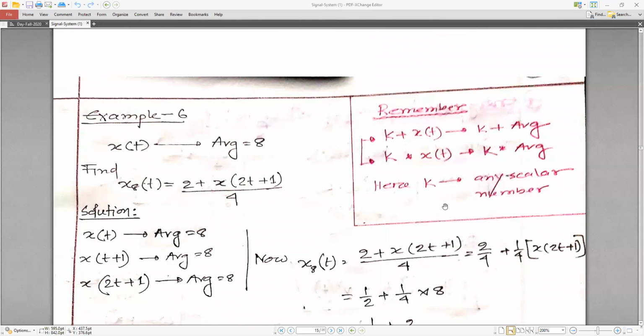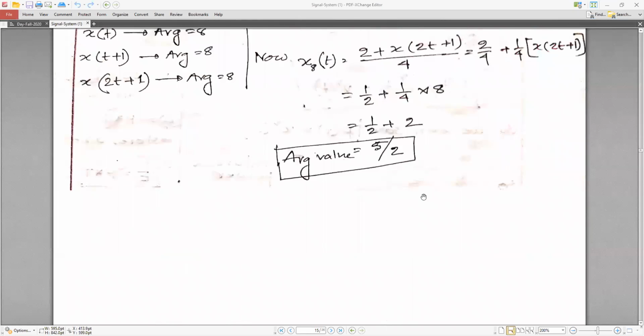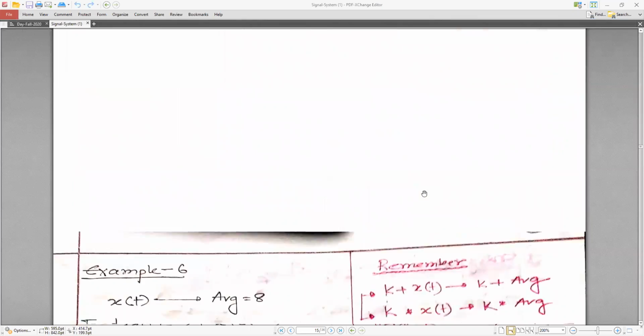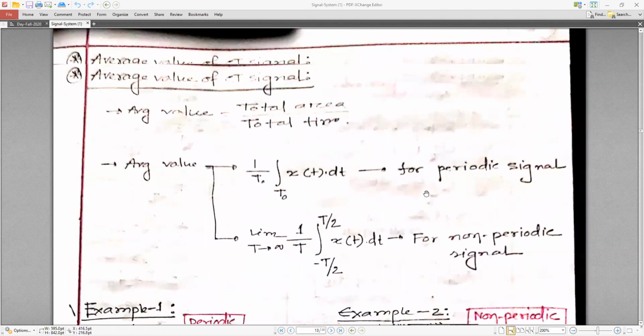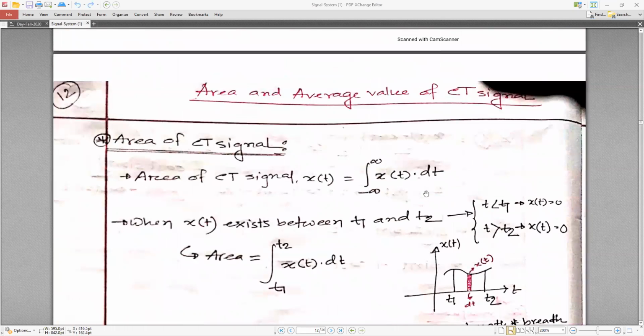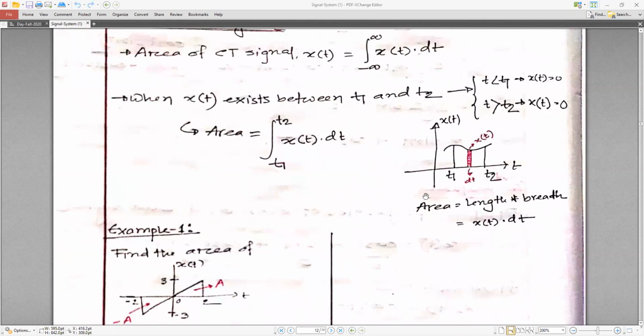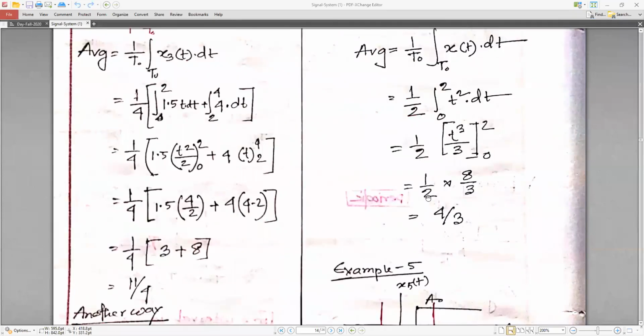I'll find the signal book soft copy, then I'll give you today, inshallah, the soft copy of the signal book. Then your understanding will be more clear. Okay. So today we have discussed periodic and non-periodic signal, continuous time signal examples. So just try at your home, do the practice, then I think you will be able to understand the main thing.